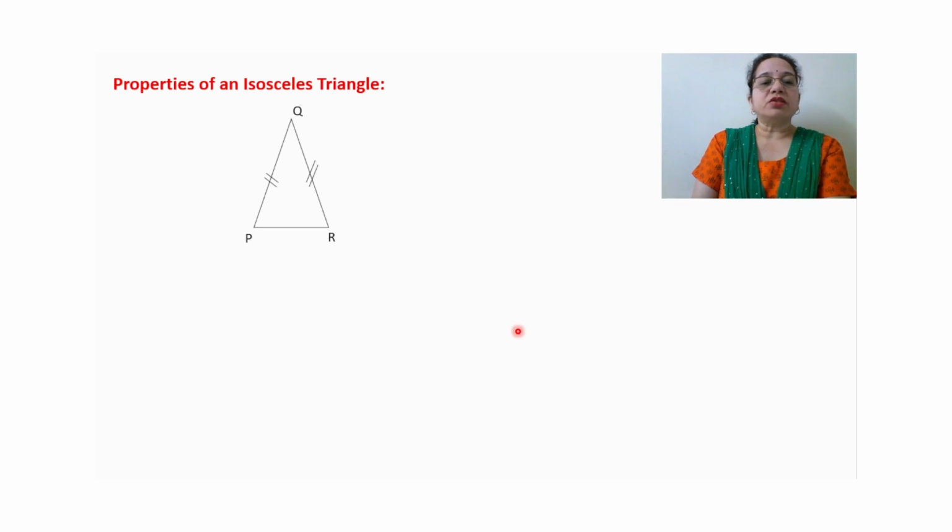Properties of an isosceles triangle. So this is your isosceles triangle. Two sides are equal in length. This angle Q is known as the vertical angle, and angles P and R are known as base angles. Here two sides are equal in length, so the two angles will be equal. Which two angles?